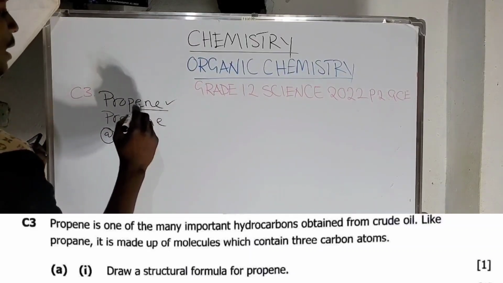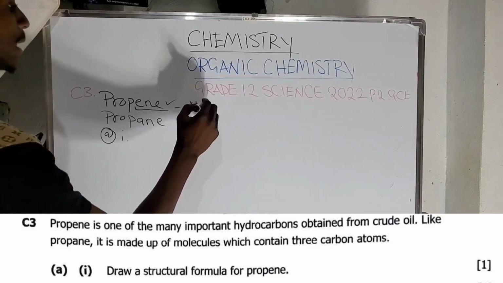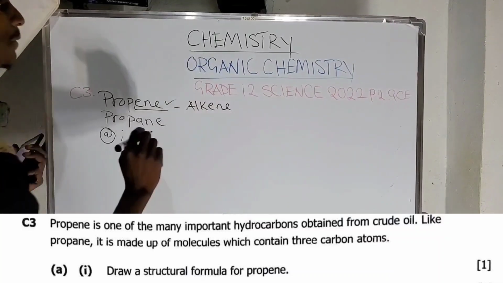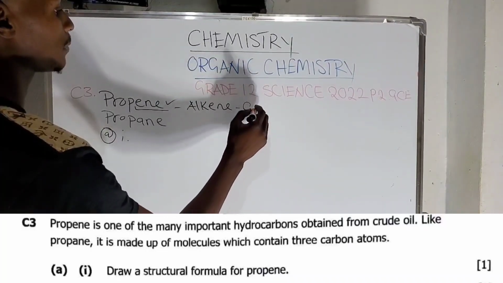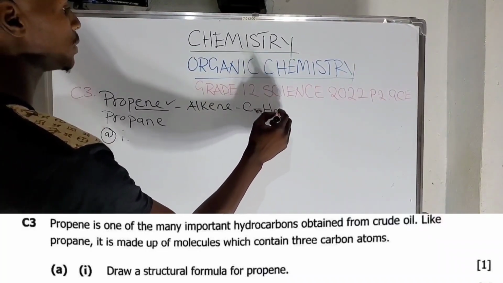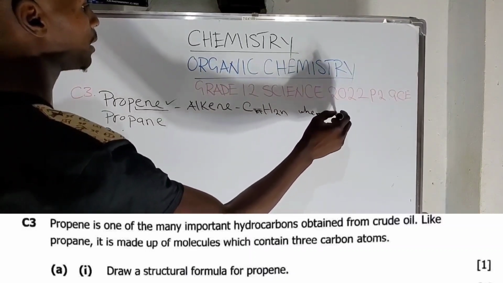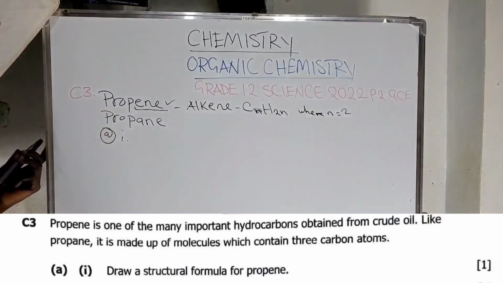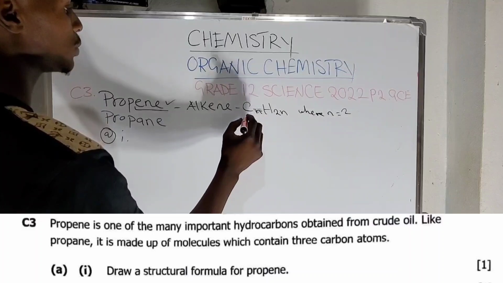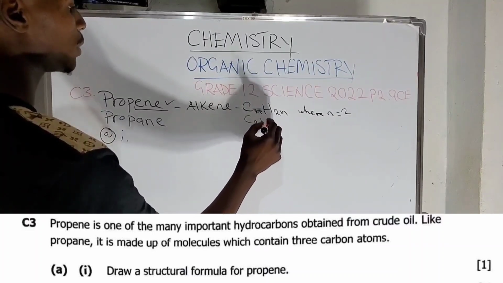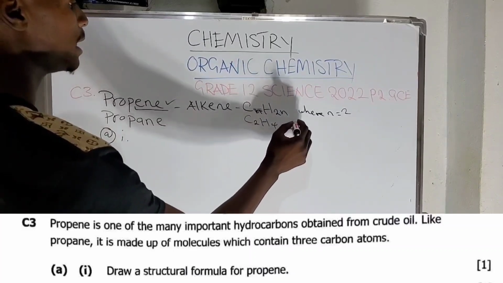Since they end with ene, meaning they come from the family of alkenes, the general formula for alkenes is CnH2n, where n starts from 2. So the first element has 2, so it will be C2H2 times n, which is 2, 4, and this is ethene.